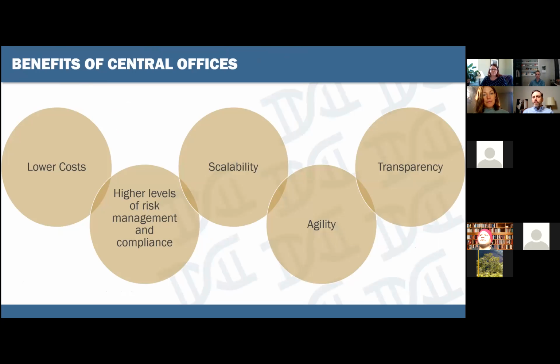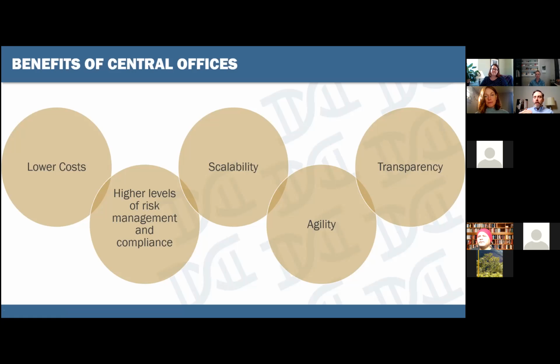So again, just to summarize, the benefits of having these central offices with a handful of specialized people is it lowers the costs, right? You don't have to have as many people. You don't duplicate effort in each of the labs or centers. It helps manage risk and compliance because you have the same people doing the same task over and over again.